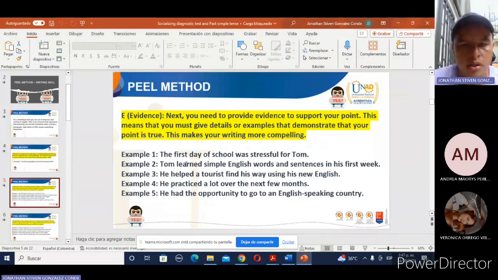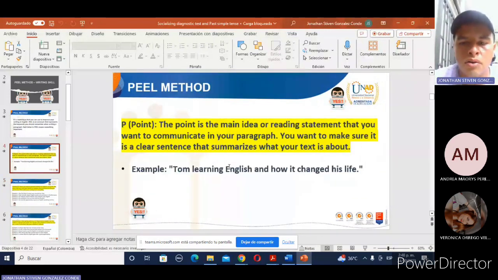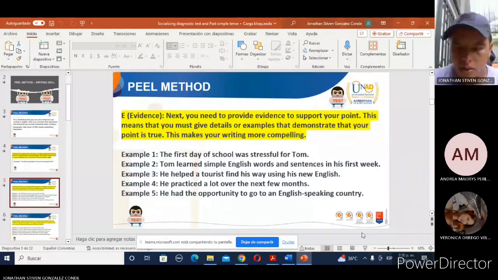Tom learned simple English words and sentences in his first week. He's talking about the same. He helped a tourist find his way using his new English. He's talking about the same. He practiced a lot over the next few months. He's talking about the same. And the last one, he had the opportunity to go to an English-speaking country. He's talking about how it changed his life. Okay, let's move forward.